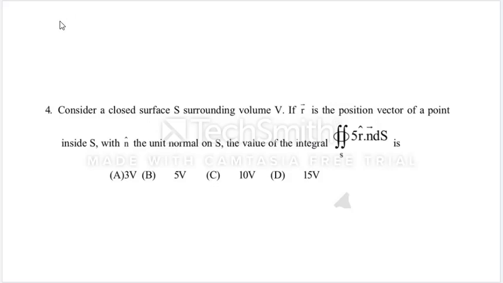So here they ask you to find this closed surface integral of 5 r bar dot n cap into dS. Which is equal to what? I can take the 5 outside: 5 into closed surface integral of r bar dot n cap into dS.